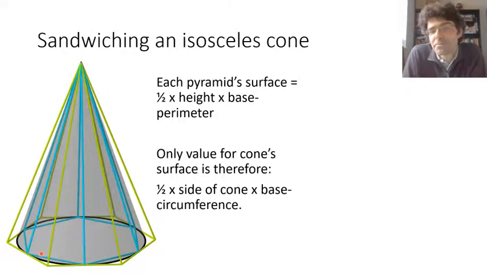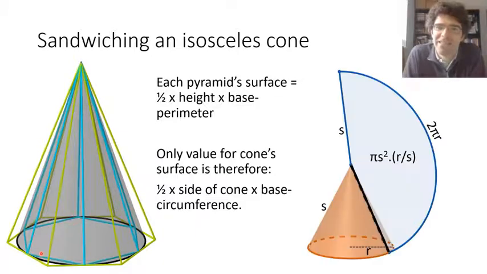And you can actually sort of check this result against that origami style argument that I mentioned with the cylinder. This time, if you cut along the side of an isosceles cone and unfold it, what you would end up with is part of a circle. And the radius of the circle would be, if you like, S, the side of the cone, and the total arc around the edge would be 2 pi r, if you want to use r for the radius of the base.